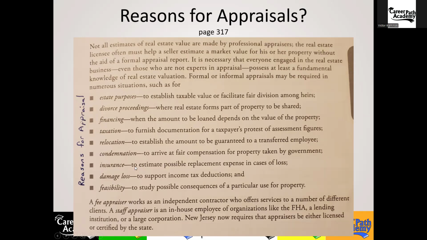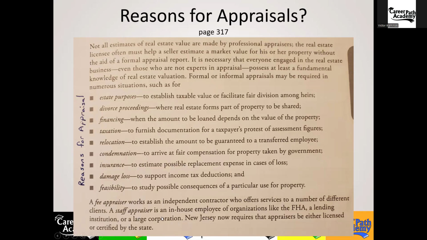For insurance, to estimate possible replacement expenses in case of loss. For damage and loss, to support income tax deductions. Or for feasibility, to study possible consequences of a particular use of a property. Now, a fee appraiser works as an independent contractor who offers services to a number of different clients.